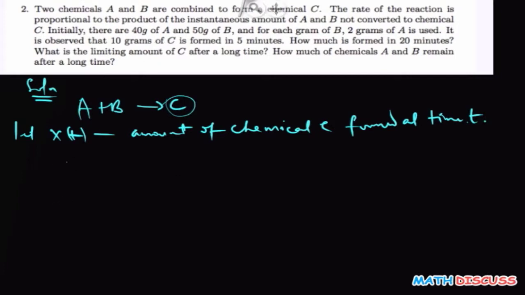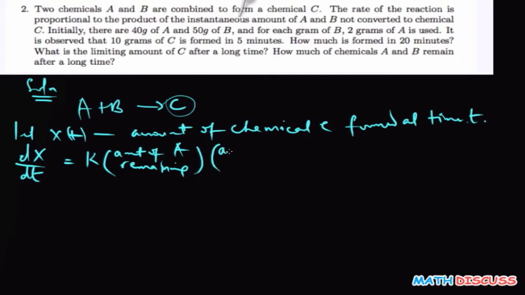So according to this statement, the rate at which chemical C is formed is proportional to the amount of A remaining times the amount of B remaining. So this is what we know right now. I've translated the first and the second statements.